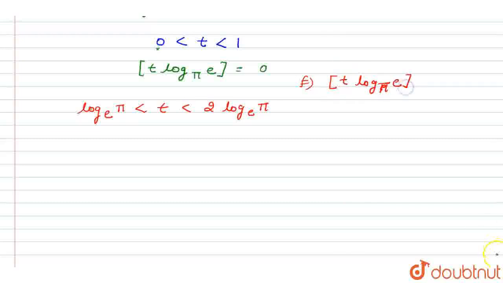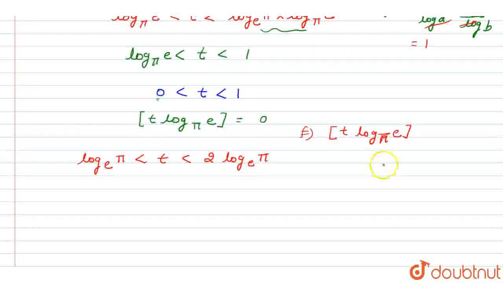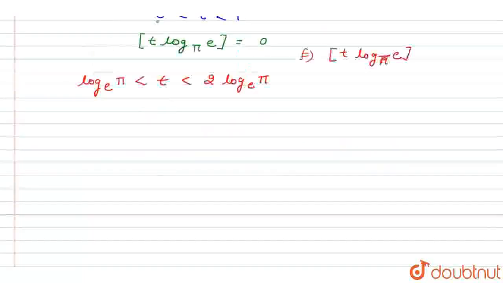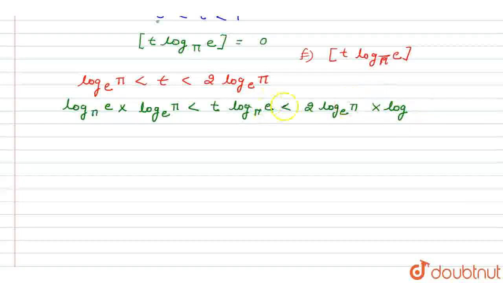Now we have to solve this value. We know that we have to multiply this value by log base pi of e. We get log base pi of e multiplied by log base e of pi greater than t, log base pi of e less than 2 log base e of pi multiplied by log base pi of e.